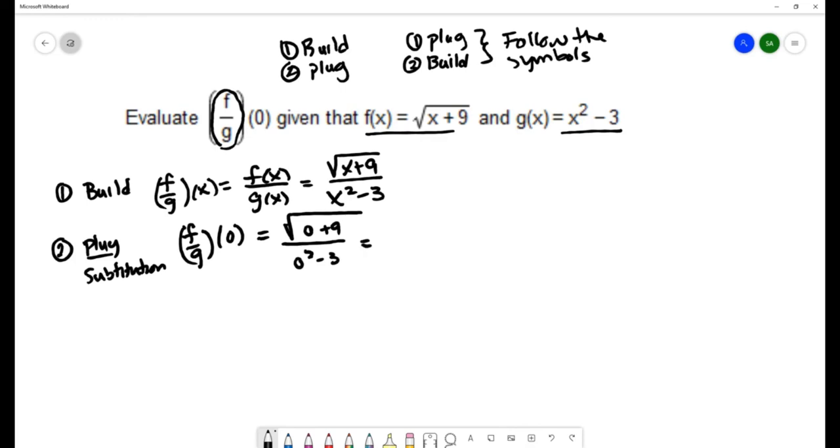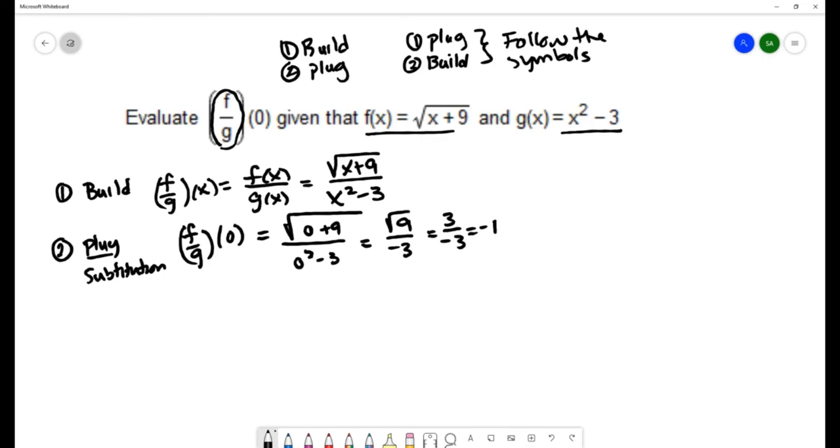That's square root of 9 over 0 squared is 0 minus 3, that's negative 3. Square root of 9 is 3, and 3 divided by negative 3 is negative 1. So we were able to get that f divided by g of 0 is negative 1.